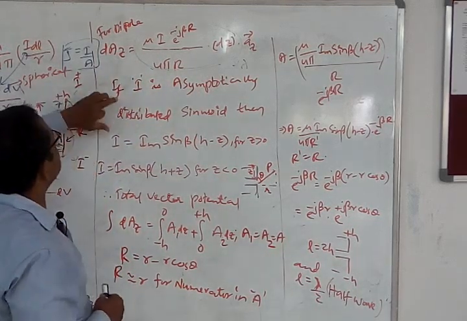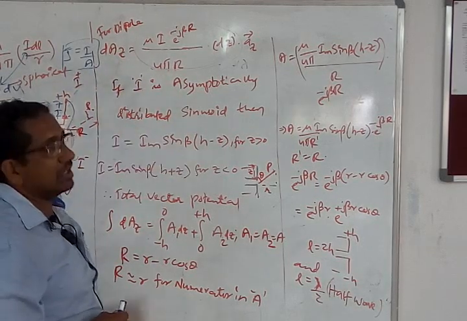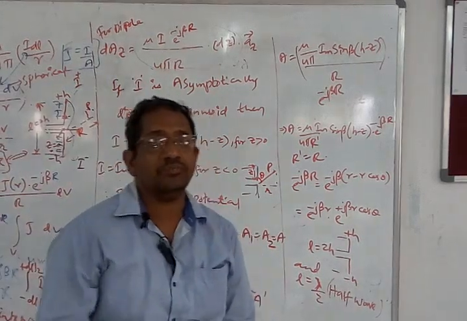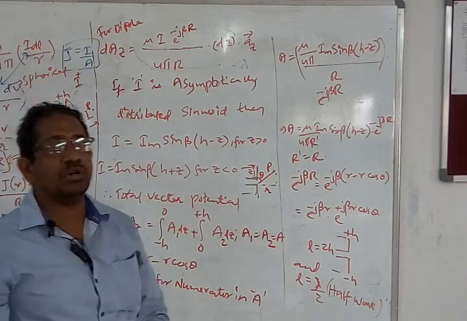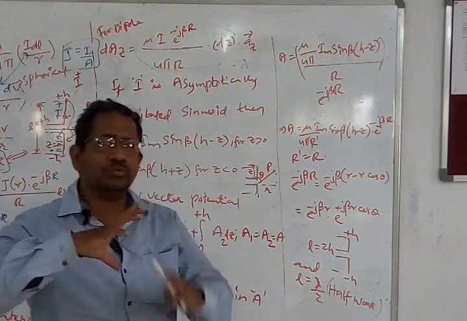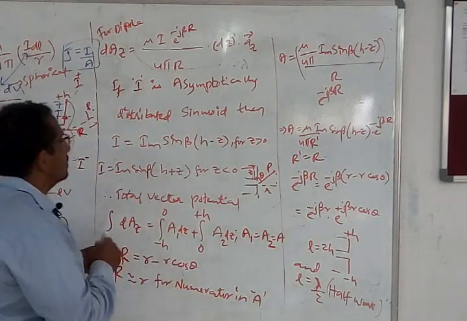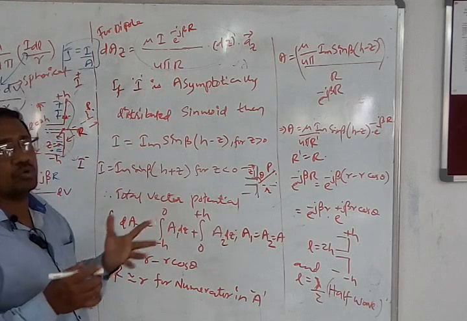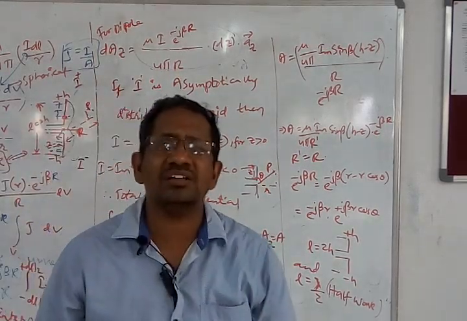After this, if I is asymptotically distributed sinusoidally, so if I is varying asymptotically, what do you mean by asymptotic? There will be some amount of leakage current nearer to the poles of the dipole, so it doesn't become zero totally. When something doesn't become zero totally, it is called asymptotic.